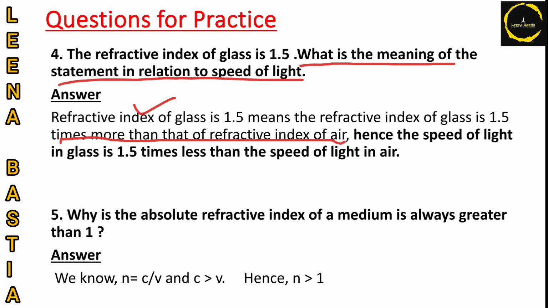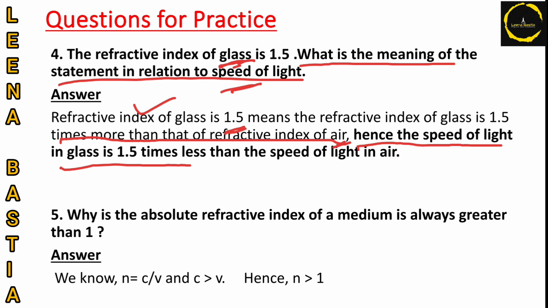It is in terms of refractive index we have said, but this can also be represented in terms of speed of light. So the second part: hence the speed of light in glass is 1.5 times less. The medium whose refractive index is higher, the speed of light in that medium becomes lower, by that many times. You have to just remember that one. If the refractive index of glass is 1.5, what does it mean? The refractive index of glass is 1.5 times more than that of air, because nothing else is mentioned here, so glass must be compared with the absolute one, that is your air, right?